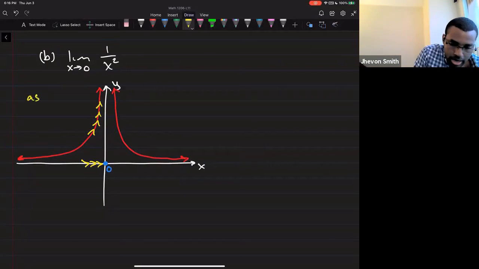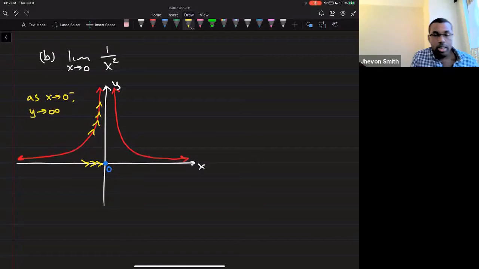So we can say as x approaches 0 from the left, our y value will approach positive infinity. And if we're coming from the other side, then we're on the graph on this side. And again, we're going up and up and up and up. So we can say as x approaches 0 from the right side, our y value is going to approach infinity.